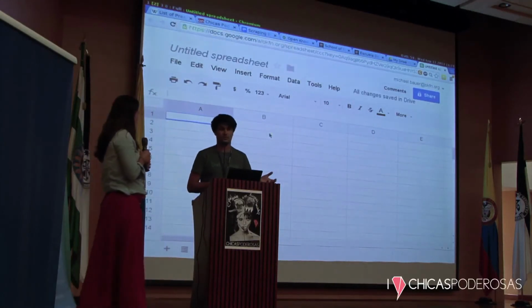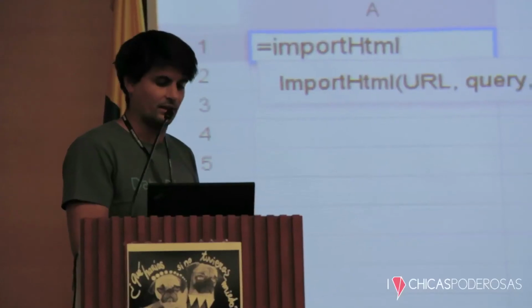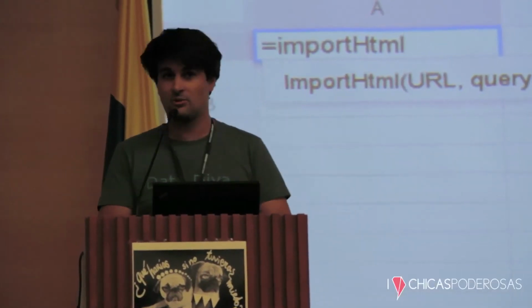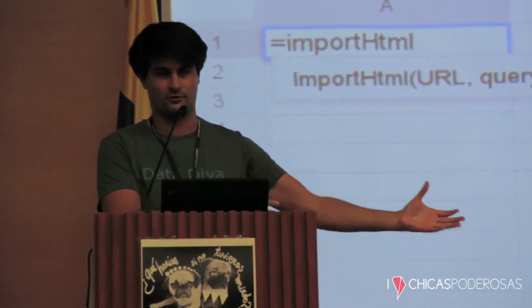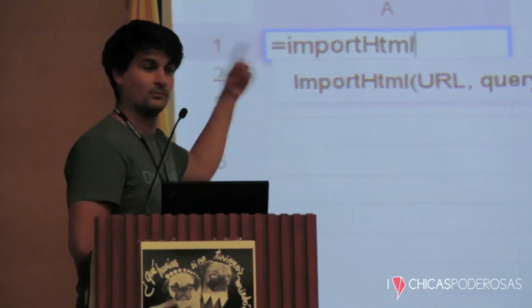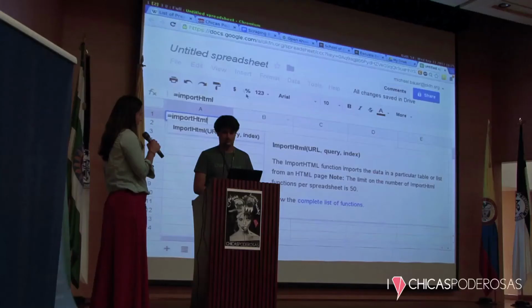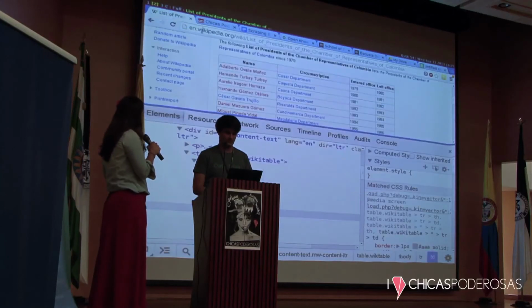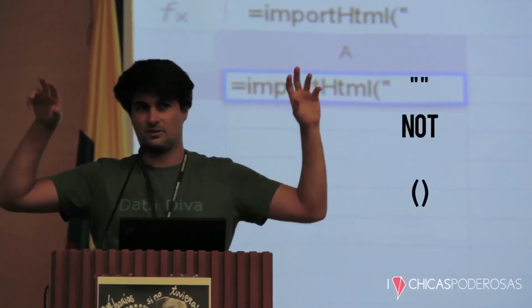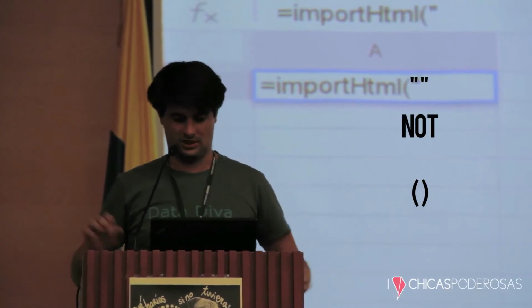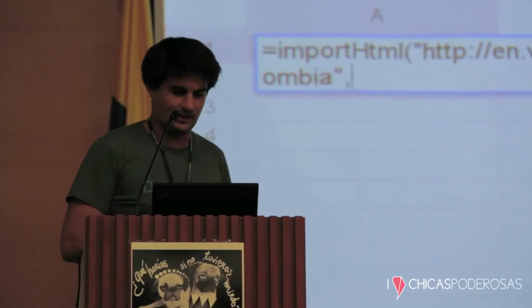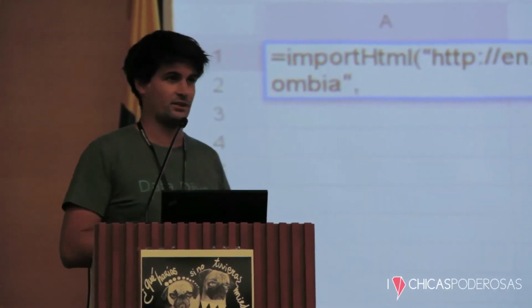And this formula is called import HTML. So import HTML tells me to import something from a website, because we know websites are written in HTML. So I go to my website and I put it in quotation marks because I don't want the computer to change anything here. And then I put a comma to start the next command.